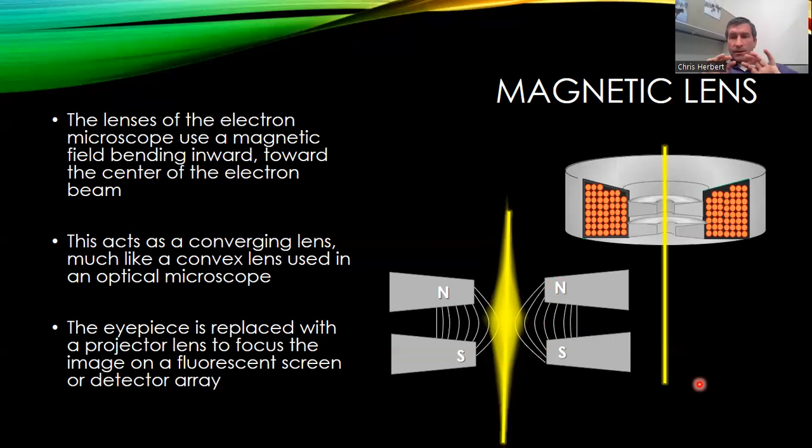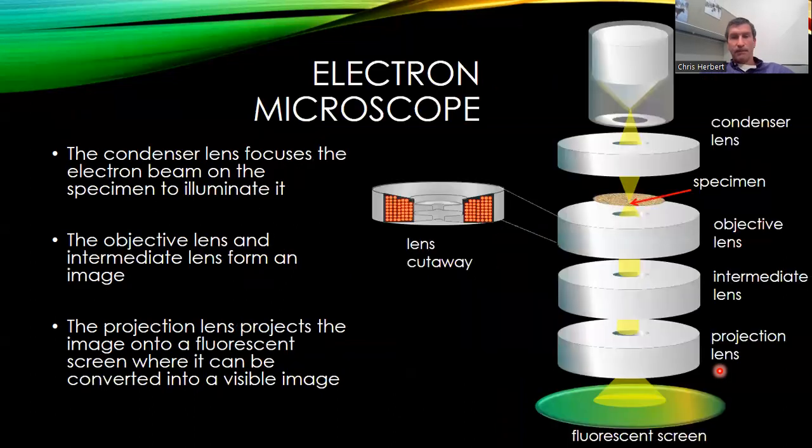And again, it's symmetrical all the way around. And these lenses do have a large amount of spherical aberration. Again, I'm not an expert on beam optics, but these behave like spherical convex lenses.